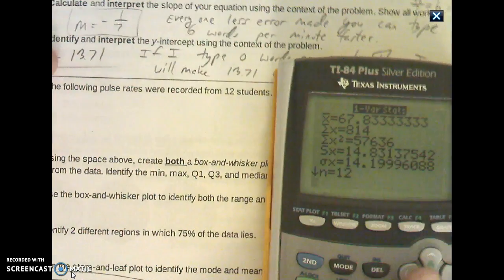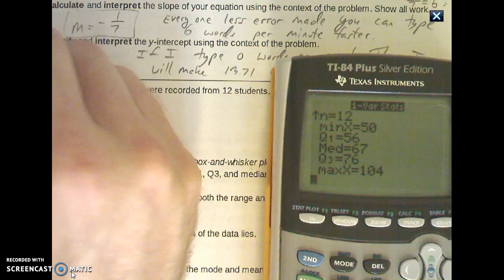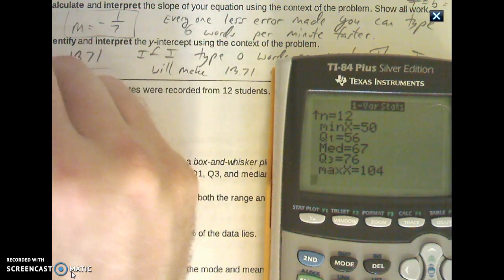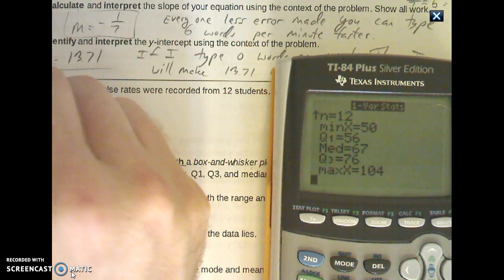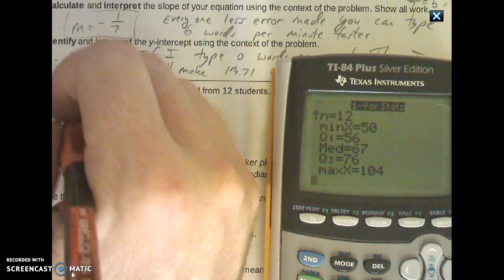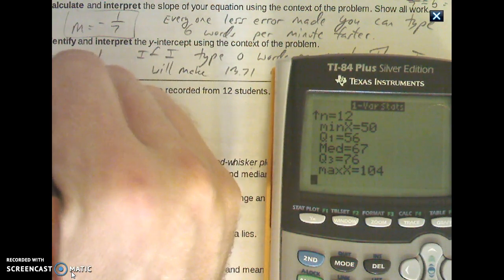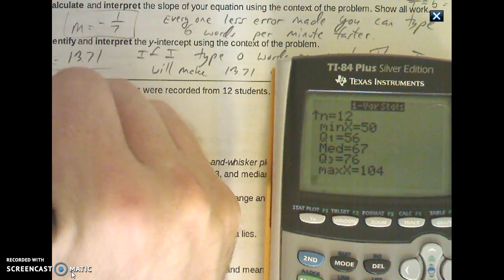Now back up here. So if I want the Q1, everything like that, scroll down. My min is 50. Q1, Q2, Q3, max. So we're looking at 56, 67, 76, 104.